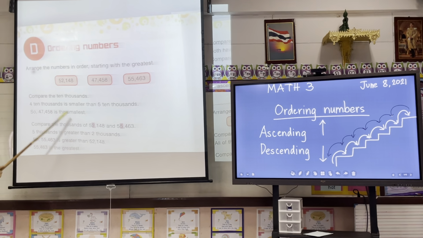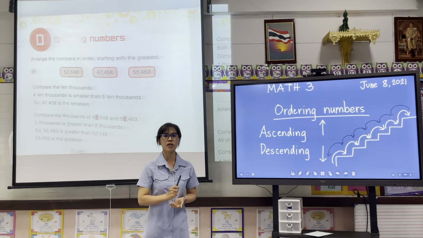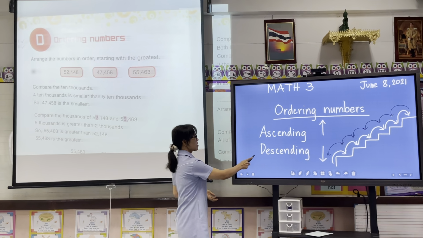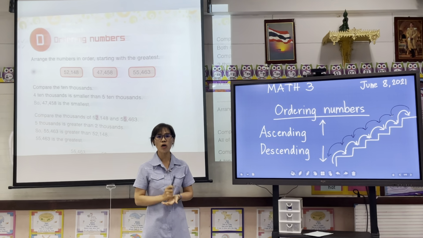In descending, we start with the biggest number going to the smallest number. So here in ascending, remember the numbers are getting bigger and bigger. In descending, the numbers are getting smaller and smaller.